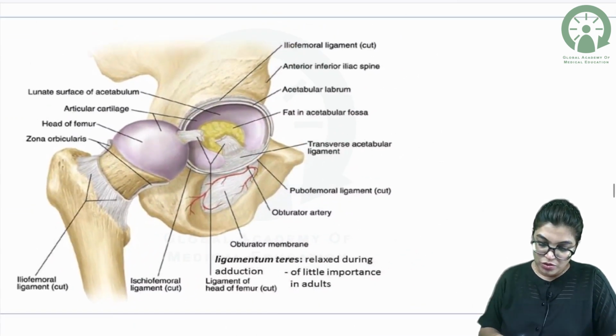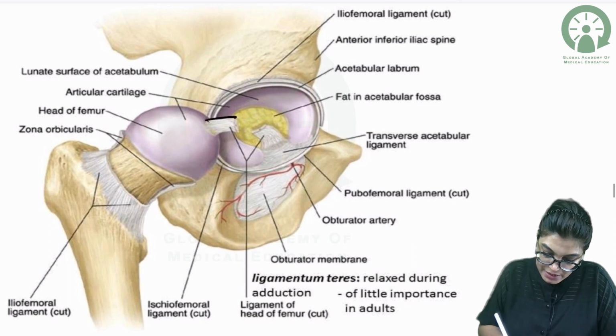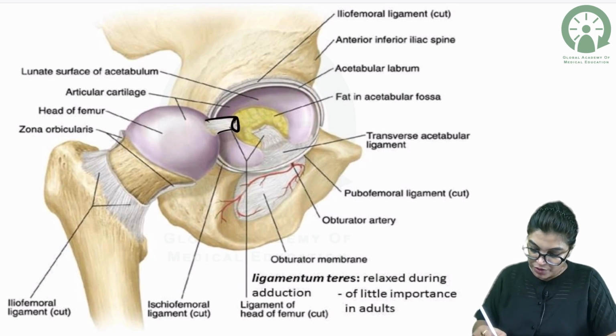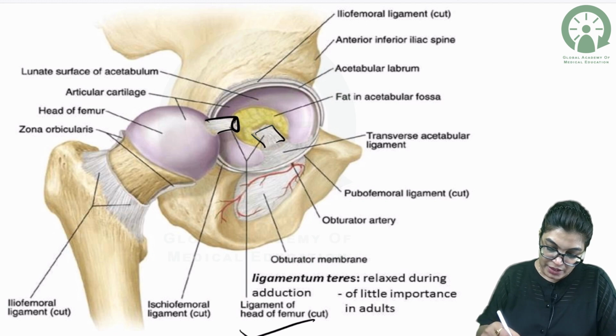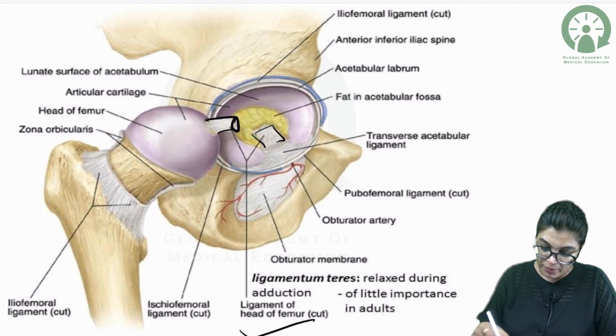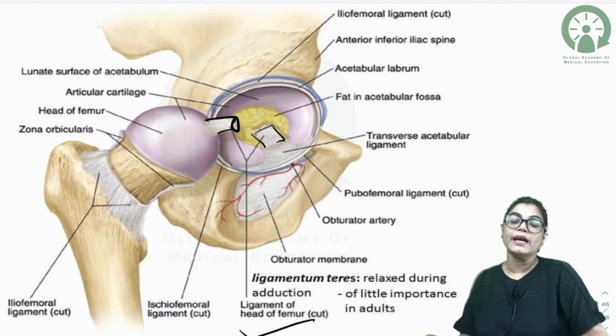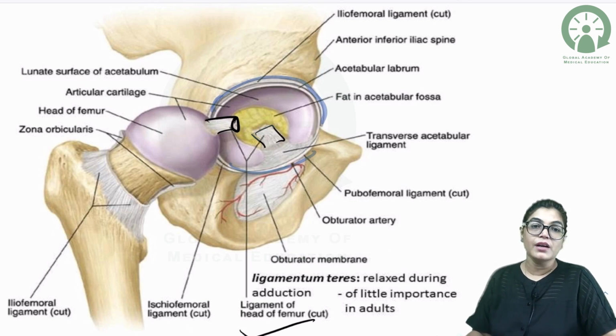Here I just want to show you this diagram. Here you can see this is the round ligament of head of femur, which is cut here, and here you can see the margin will have the articular cartilages, and also the labrum, which is deepening the joint cavity and giving more support to the hip joint.